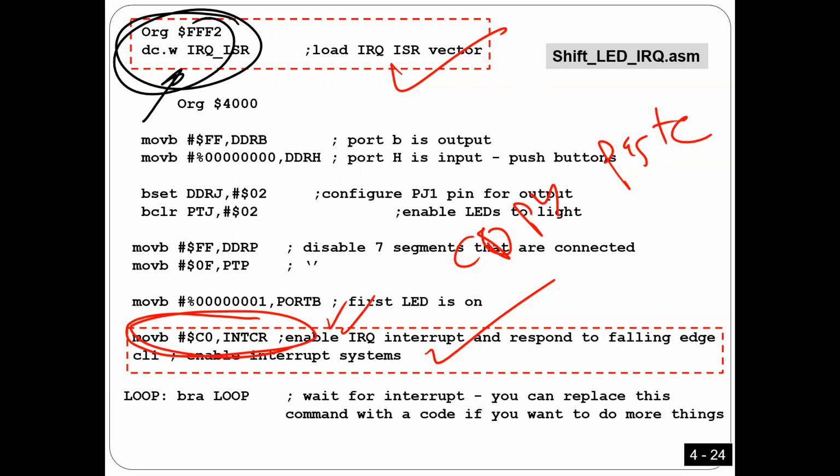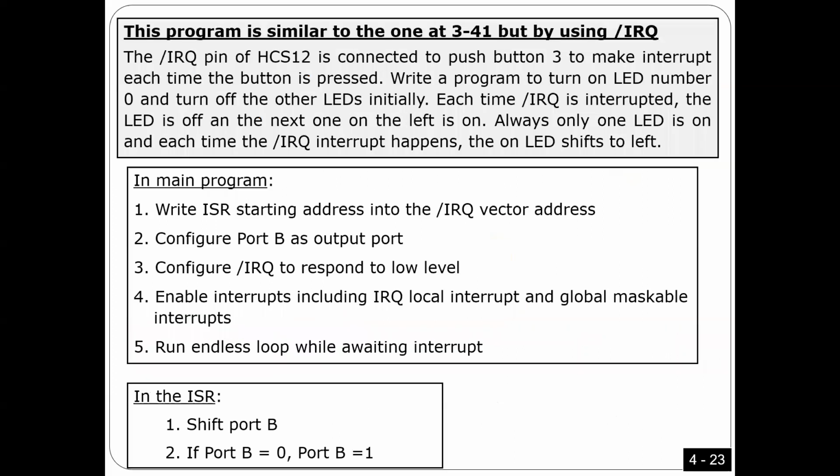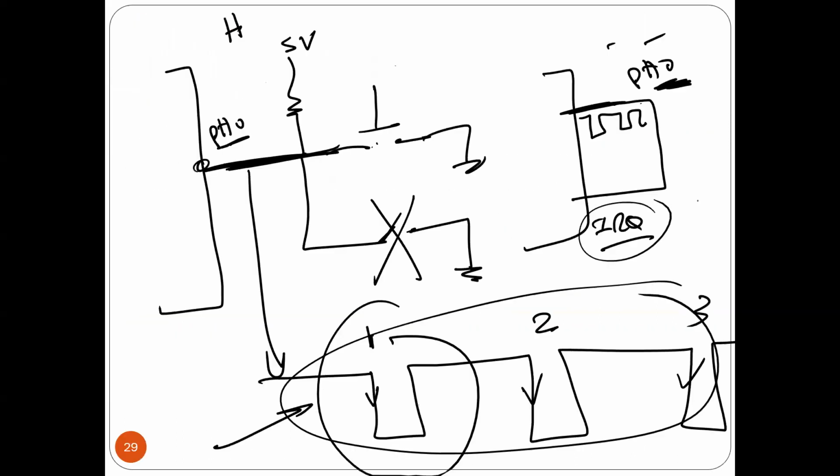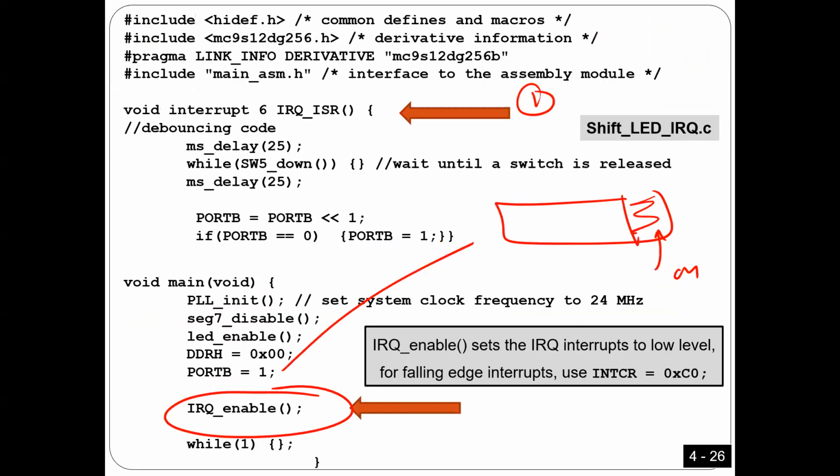As far as I remember, it is not programmed for falling edge, but it is programmed for 0 level. That is why it has number 40 instead of C0. So if you use this function, guys, it should trigger IRQ at low level.